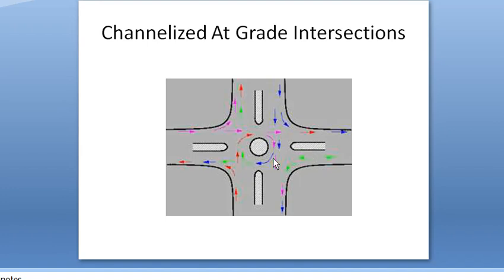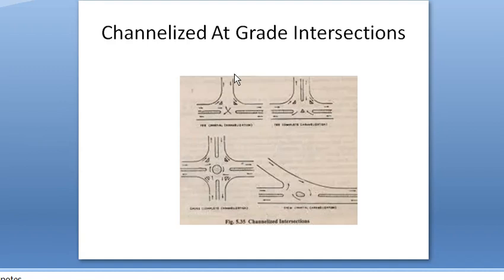If the vehicles are moving in this direction, the vehicle coming this way will have to stop. This is the channelized at grade intersection. These are examples of channelized at grade intersection. That is, we are channelizing the vehicles into a particular path. Here one island is provided to channelize the vehicles, and here also one island is provided to channelize the vehicles.